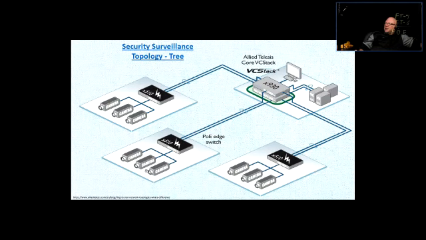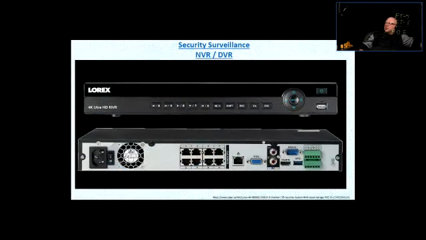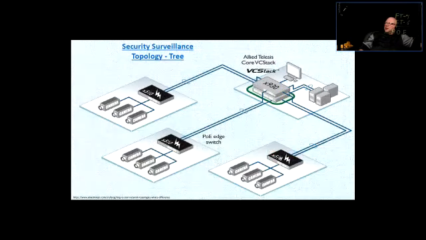Every camera has an IP address and MAC address, and those have to be programmed into the switch, or sometimes the switch has to be recognizing them, and all those IP addresses and MAC addresses are going to be programmed into the main NVR, and they're all going to be recognized. So sometimes you get direct connections, and sometimes you have the breakaway kind of system. Right? That's as far as the topology.